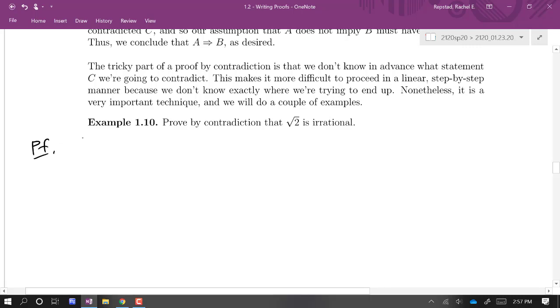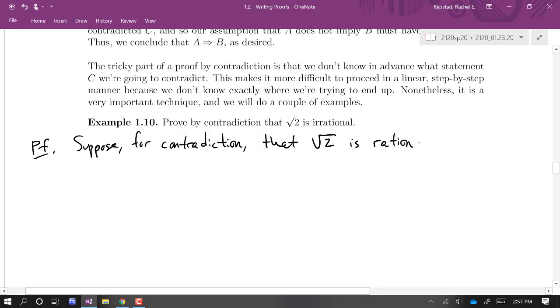So suppose for contradiction that the square root of 2 is rational. I'm letting the reader know that this is what I'm going for: I'm going to reach a contradiction.